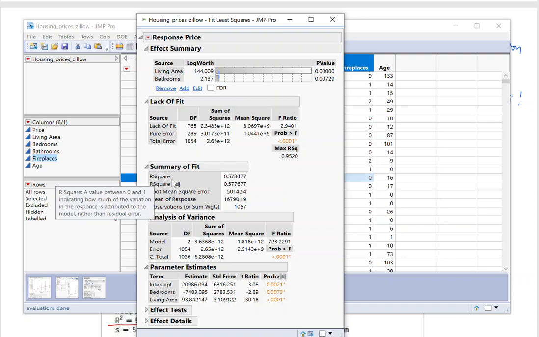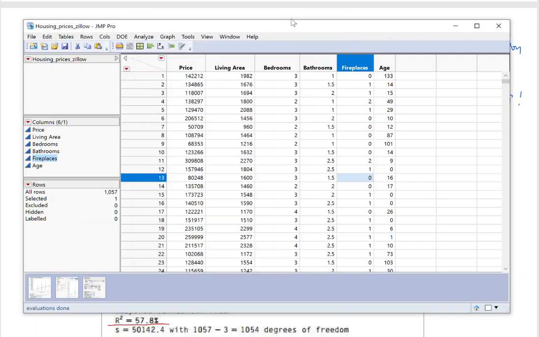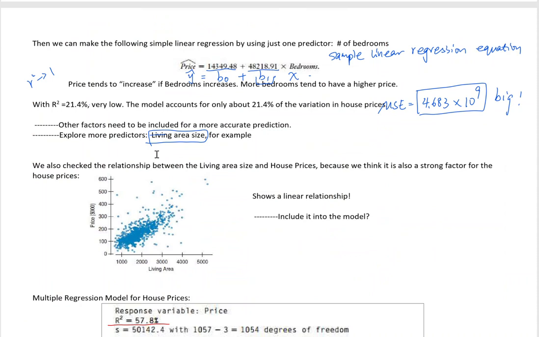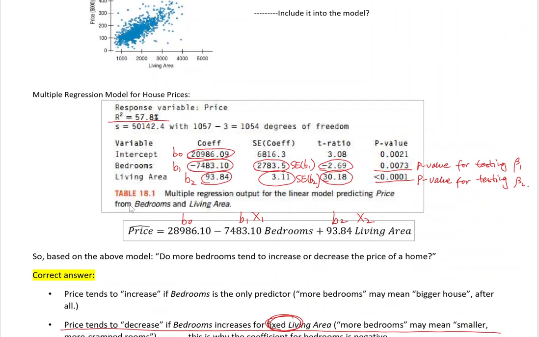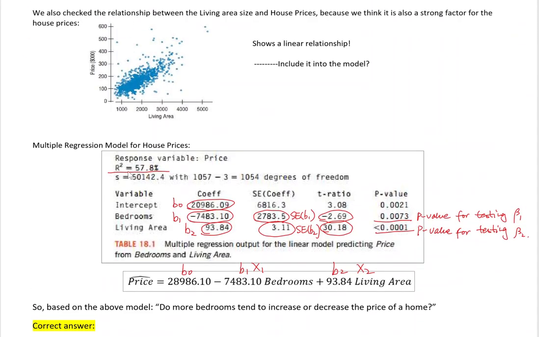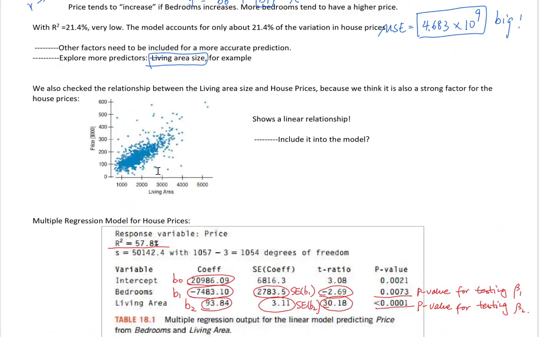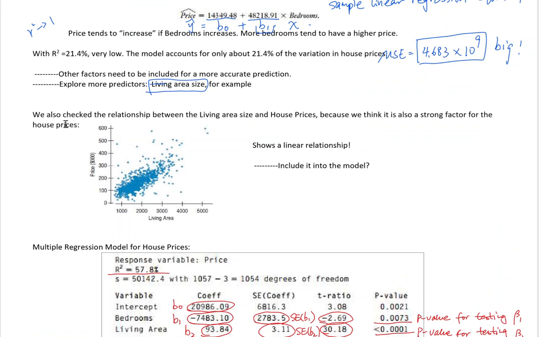Now R square for this multiple regression is 0.578. Remember what we had before? For the simple regression, we had 0.214. But now the R square changes to 57.8%, which is kind of doubled.